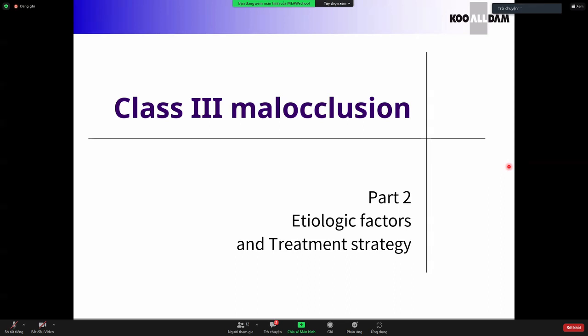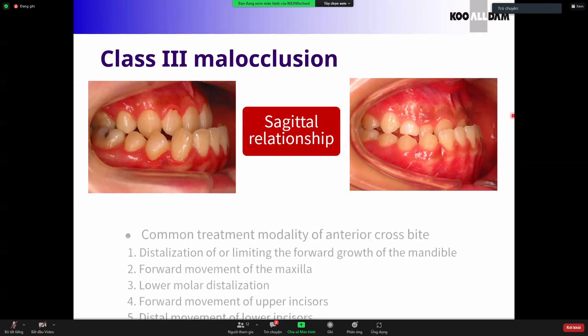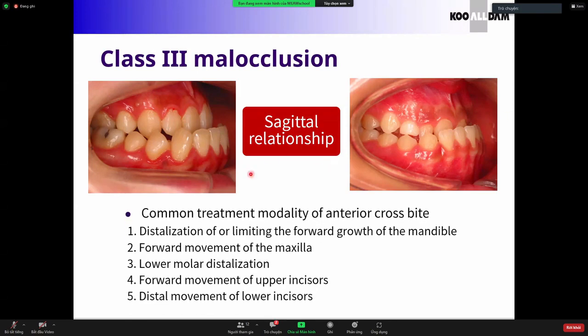Okay, let's move on to another topic: etiologic factors and treatment strategy in class 3 malocclusion. How can we treat this kind of class 3 malocclusion? These are common treatment modalities of anterior crossbite.